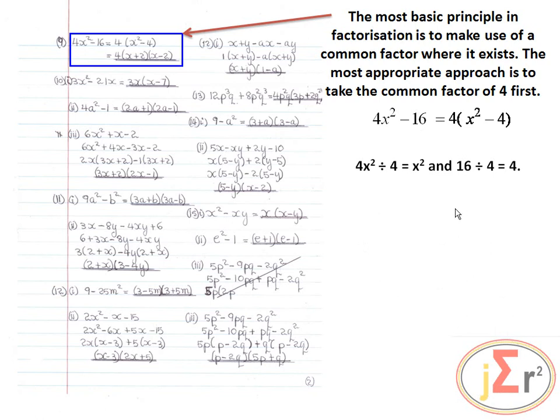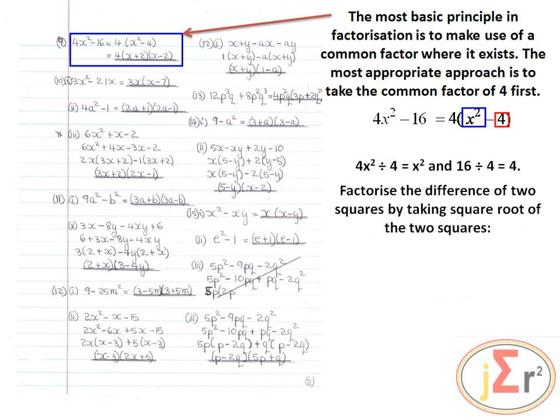Some candidates, after taking the common factor, x squared minus 4, to be multiplied by 4, they are gone, because they have factorized already. But they have not factorized completely, which is the requirement of the statement of the problem. So we have right there, again, a difference of two squares that we may continue to factorize.